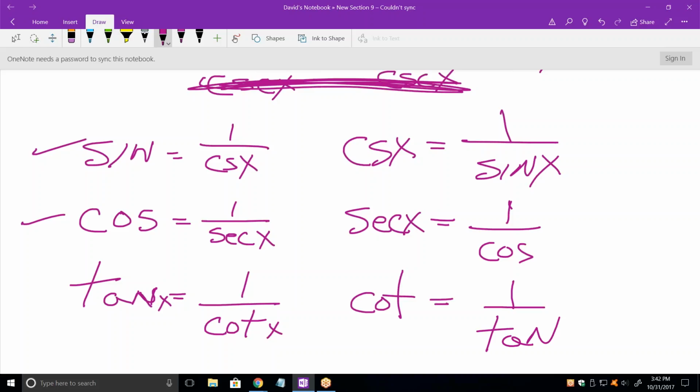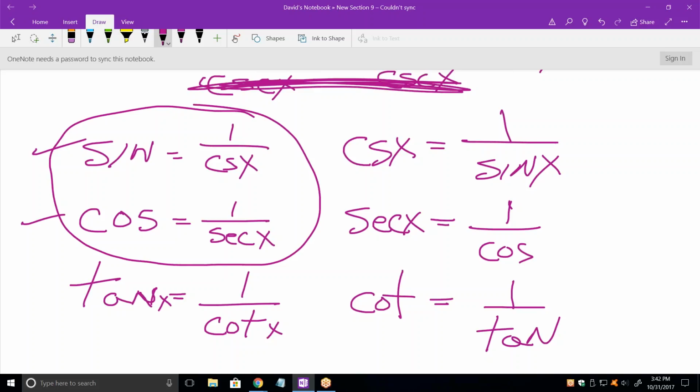So it boils down to memorizing these 6 things, but in reality, you only have to kind of memorize those 2. Everything else you're going to figure out. You understand why I'm saying that? Because as long as you know that cotangent goes with tangent, then you just have to figure out does cosecant go with sine or does it go with cosine? And which one does secant go with?